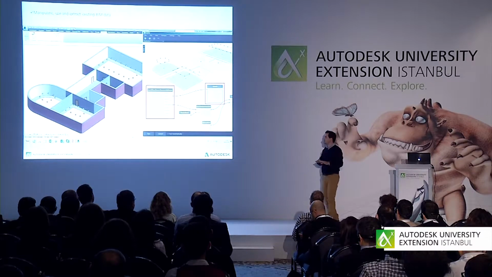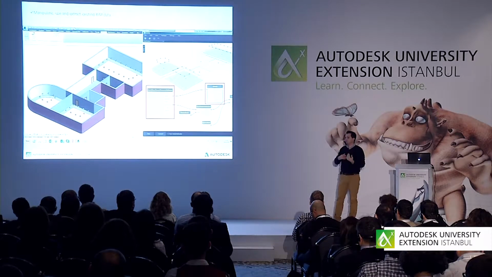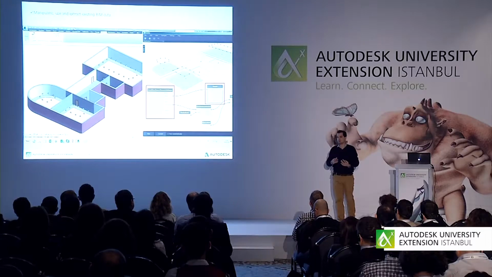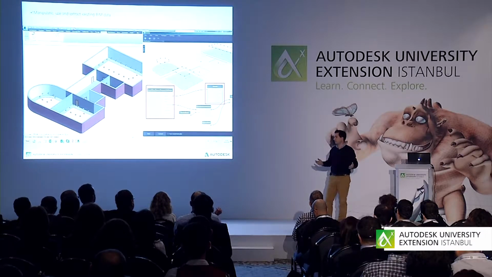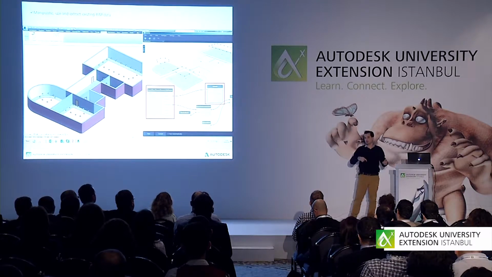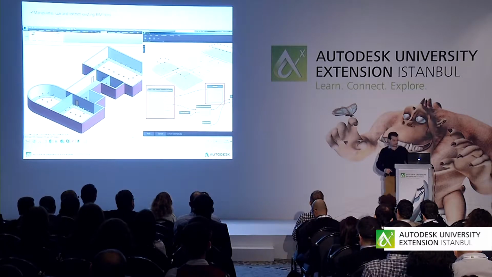So you can, in a very easy way, create a script which will not take care only of the geometry, but of many other things, like is there enough elements in your room, or something like that.